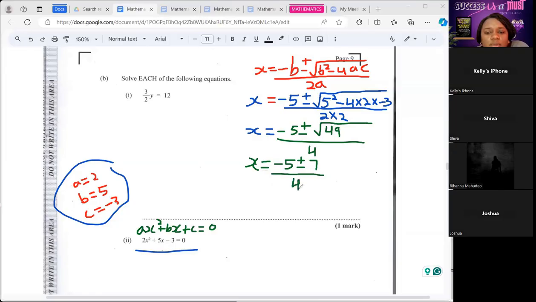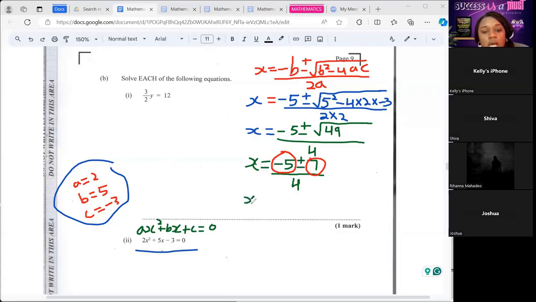All divided by 4. When you reach this point where you have one number on either side of the plus or minus, that is when you will separate the equation, one with the plus and one with the minus between the numbers, to find the two values of x.